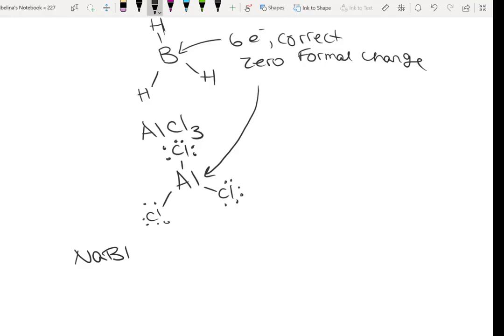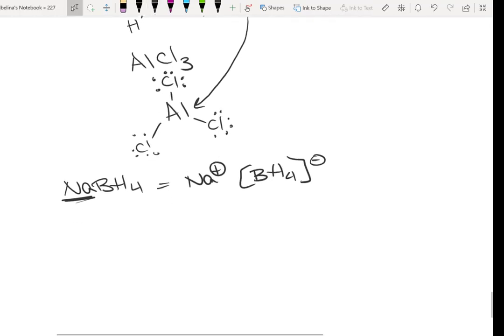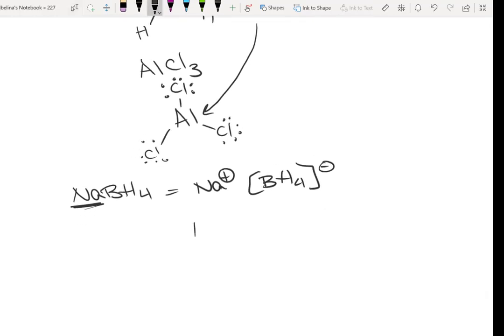So some common examples: sodium borohydride. You have a metal here, that means you have an ionic bond. So we can write this as the cation and the anion. Now you can draw this out to show the covalent bonds on the BH4 minus.